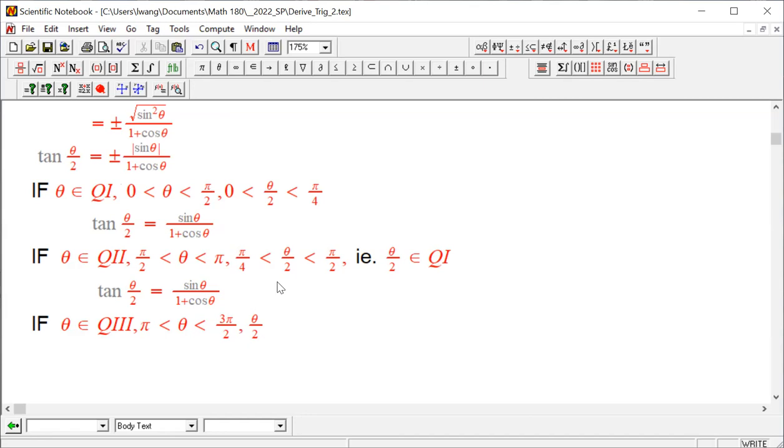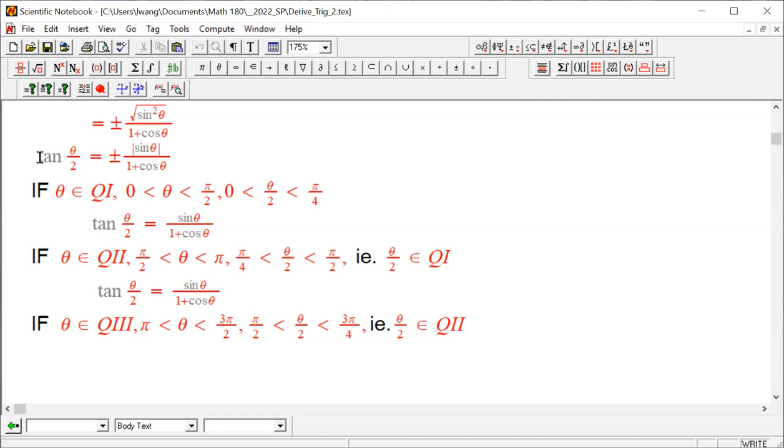So this is going to be pi over 2 less than theta over 2 less than 3 pi over 4, i.e., that theta over 2 is in the second quadrant. So theta over 2 terminates in the second quadrant.